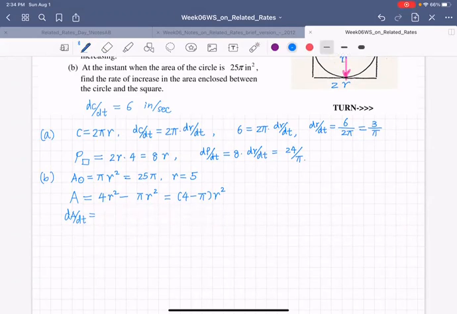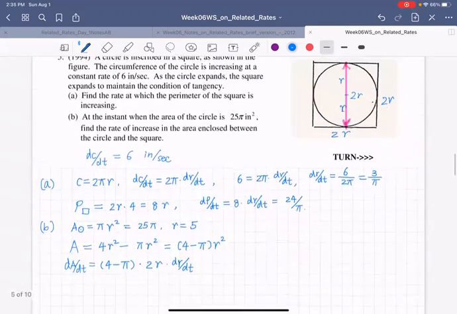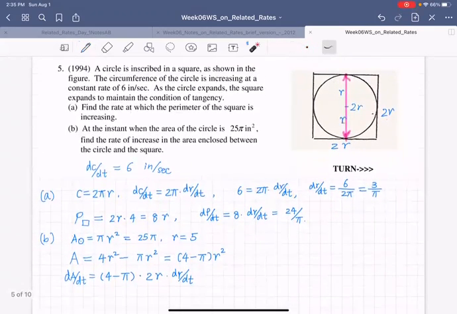So 4 minus pi times 2r times dr over dt. There you go. Do we know the dr over dt? The dr over dt is calculated from here, yes?